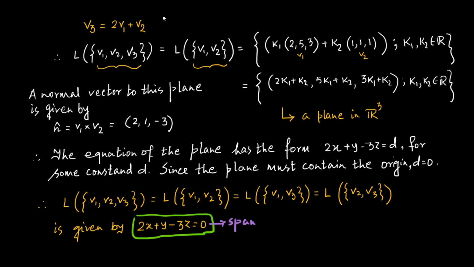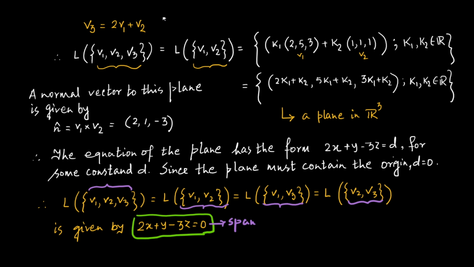But the span will remain same, that is 2x plus y minus 3z is equal to 0. Now you can understand that when I am considering as a spanning set this set is formed with two linearly independent vectors, same as these things, same as this. But when I consider this set, this is formed with three vectors which are linearly dependent.